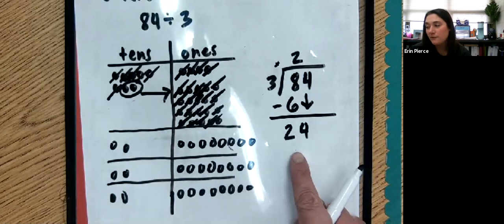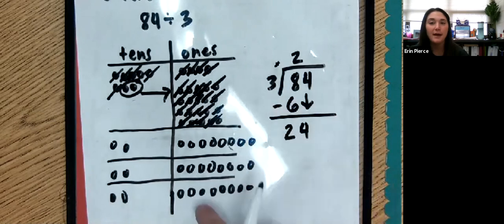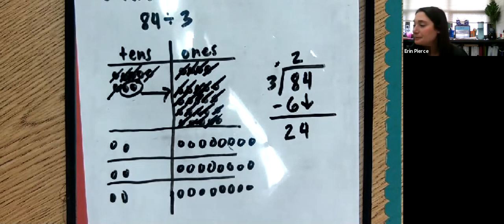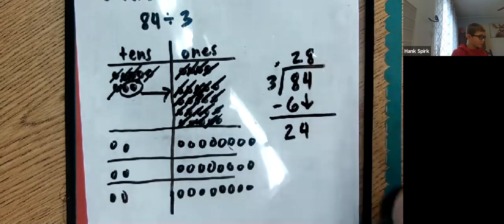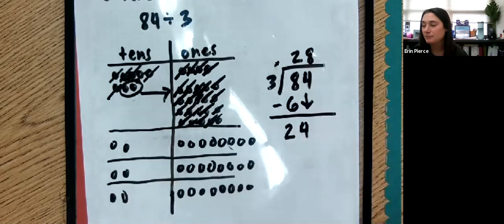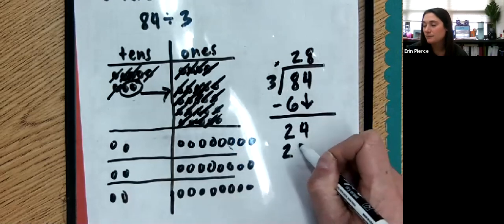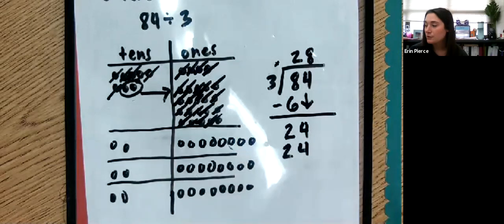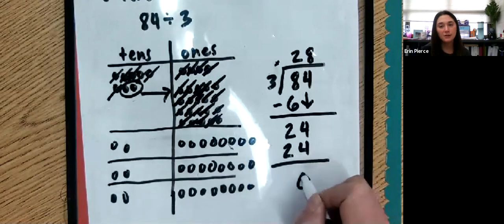So really 24 divided by 3, what do I get? How many are in there for each set? Hank? 8. 3 times 8, 24. 24 minus 24, 0.